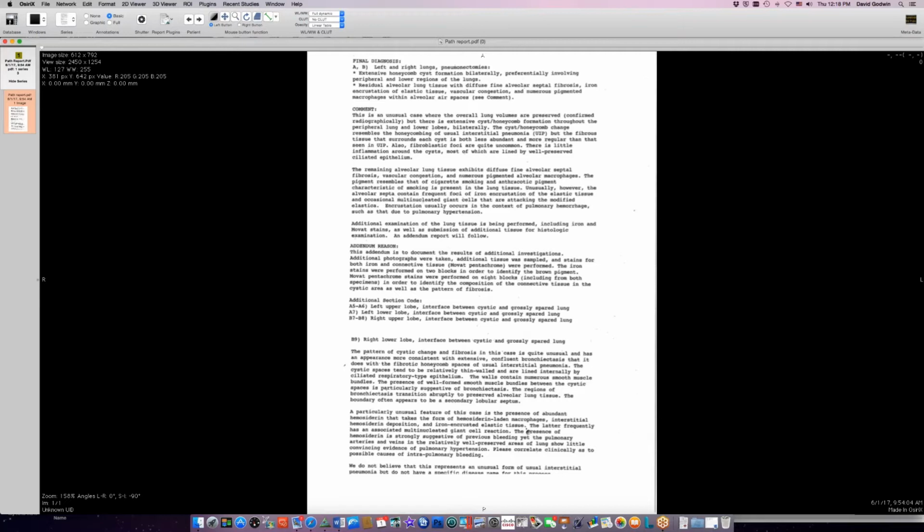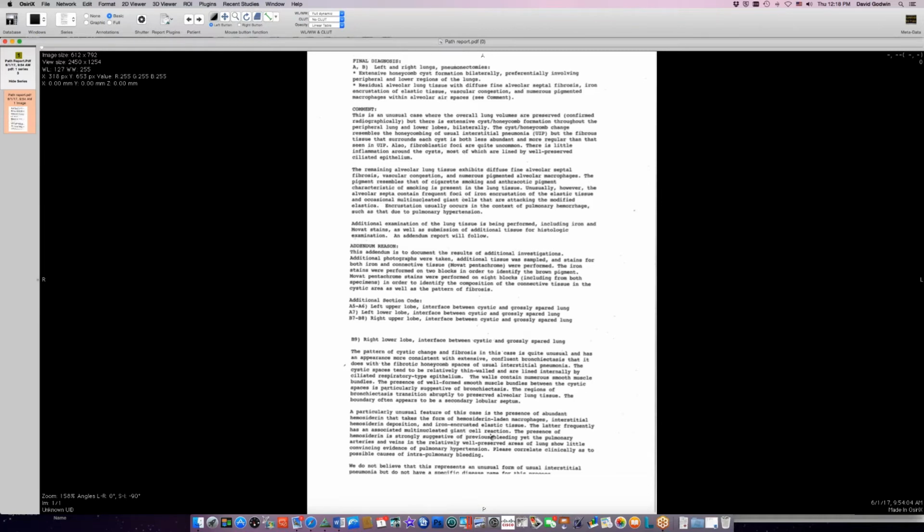So Rod Schmidt, the pathologist, points out that when you have iron staining elastic tissue, macrophages will treat that as foreign tissue and will eat it up. So that might be a way to get emphysema in this setting, or destroy things like alveolar walls and create these bigger spaces. The latter frequently have an associated multinucleate giant cell reaction.